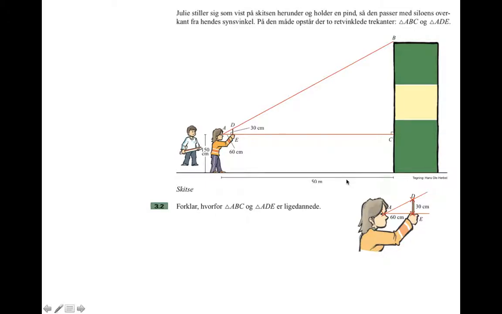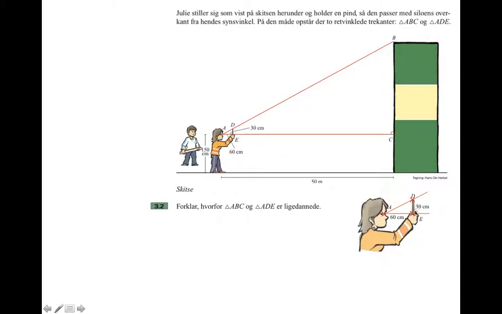Okay, and then in the next sketch you've got Julia standing 50 meters away and holding up a stick. And in doing this, two right-angled triangles are formed. So you've got the big triangle ABC from where Julia is looking to the silo.